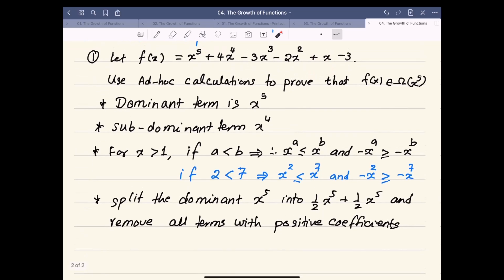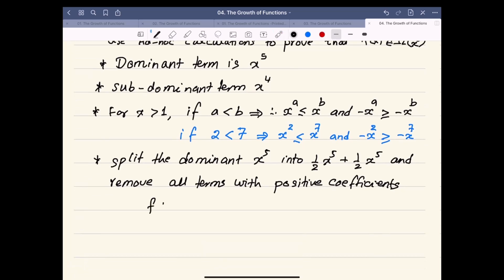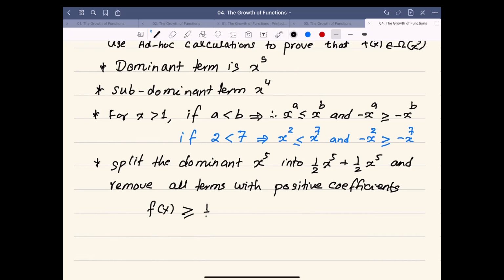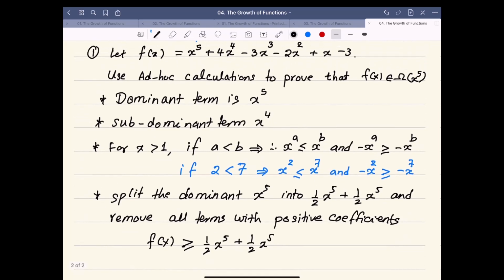After removing the positive terms, we will say that f of x will be greater than half x raised to power 5 plus half x raised to power 5. Let us see the remaining terms, the negative ones: minus 3x raised to power 3, minus 2x squared, minus 3.